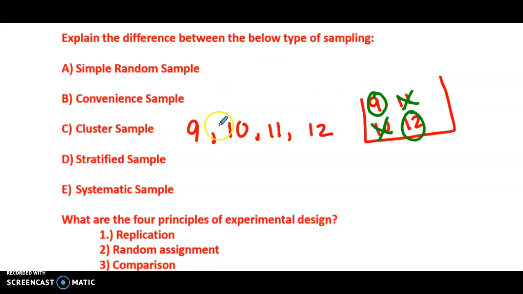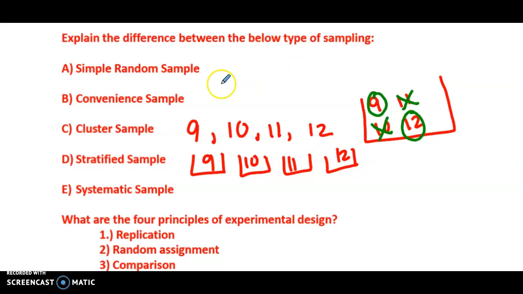A stratified sample is when I have a bin of 9th graders, a bin of 10th graders, a bin of 11th graders, and a bin of 12th graders, and I take a few from each of these bins. So maybe I would take 2 9th graders, 2 10th graders, 2 11th graders, and 2 12th graders. Therefore, everybody in the different groups is going to be represented in my sample.